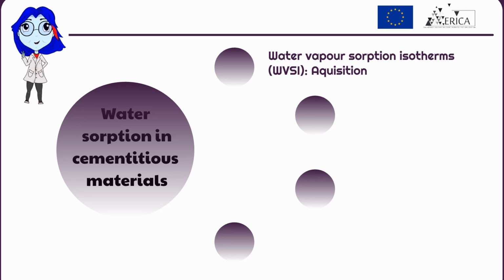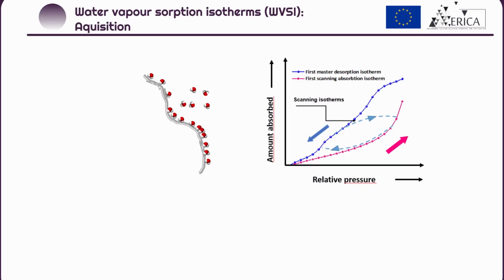So the first technique is to acquire water vapor sorption, but before we delve further into this technique, let us first review what sorption is. Adsorption, which is a surface phenomenon, is the addition of atoms, ions or molecules, or the enrichment of one or more components in an interfacial layer.